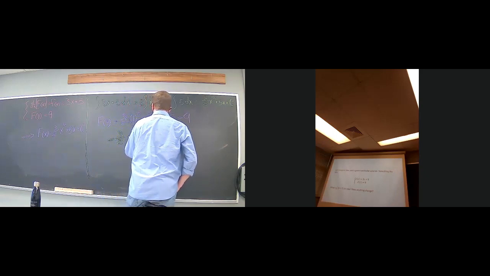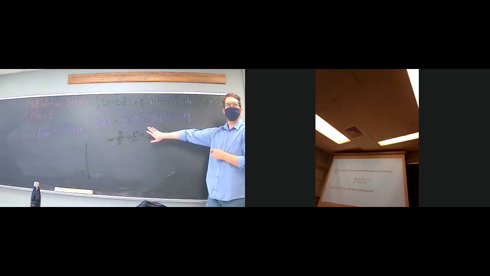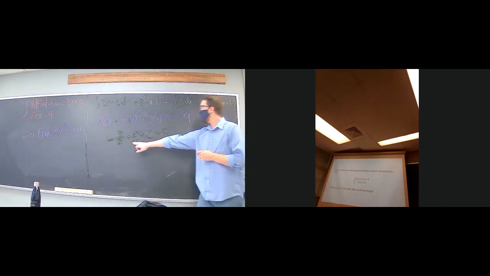Yeah? When we evaluate this, we get 3/2 plus 5 plus c is equal to 9. Well, we can rewrite all of these in terms of fractions of 2. Let's leave c as it is. Well, let's rewrite 5 and 9.